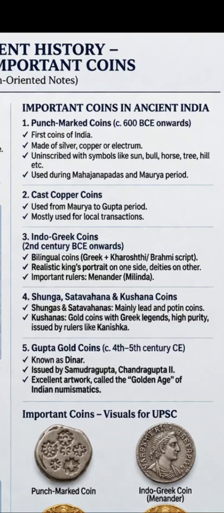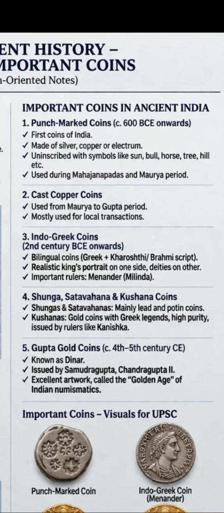And the third one is Indo-Greek coins. Indo-Greek coins are found from the 2nd century BCE onwards. They are bilingual coins, meaning the languages on the coins are Greek plus Kharosthi or Brahmi script.